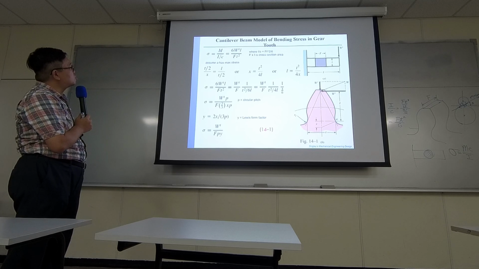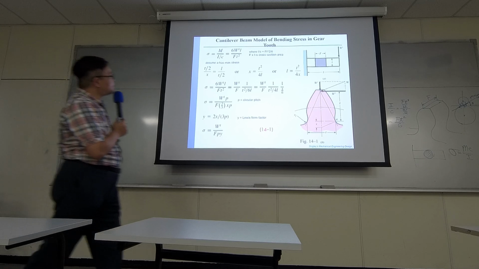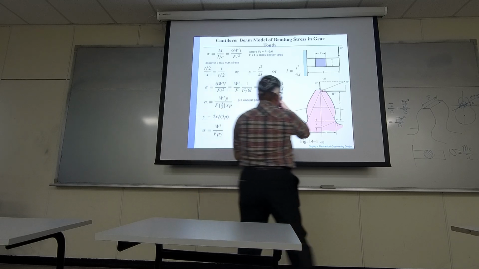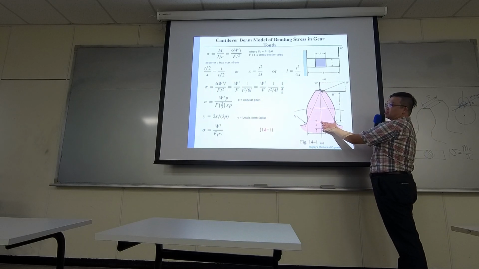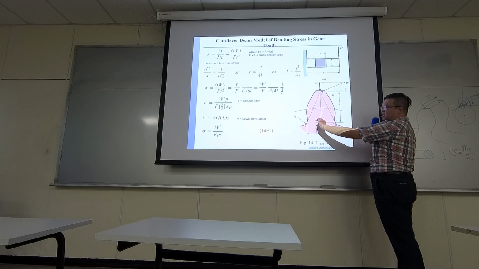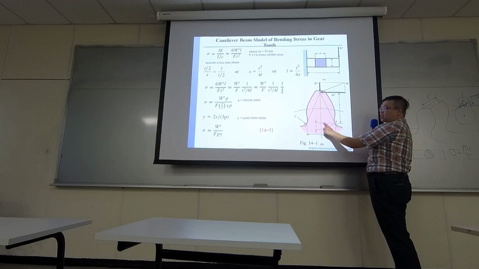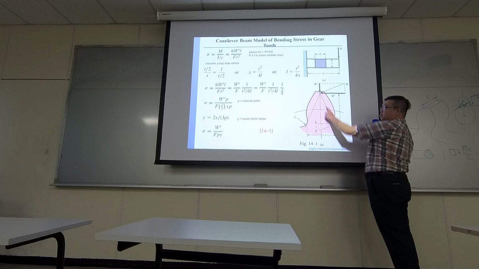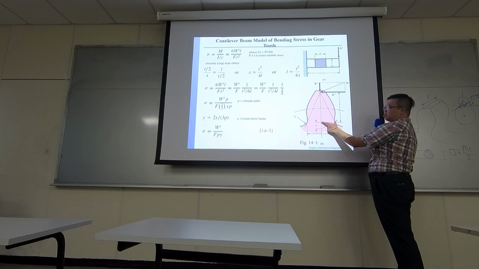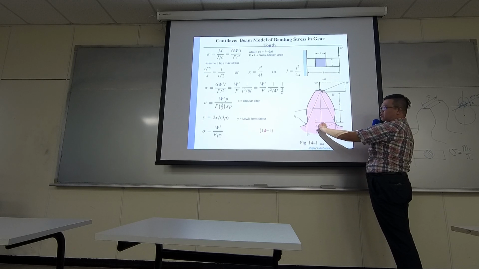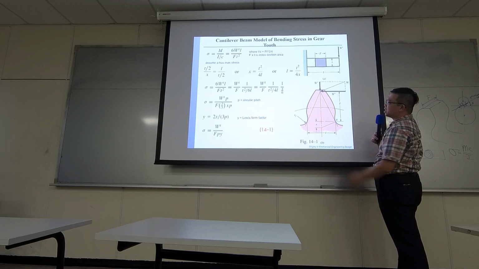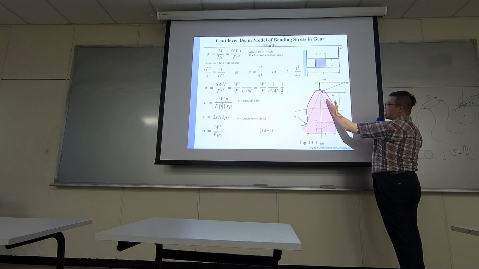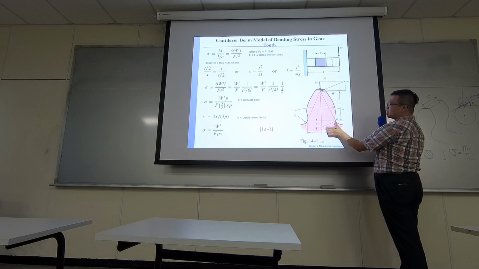T over 2. So this is basically by the geometry. T over 2 is like here, 1/2 over x. This geometry is similar to this one. So this edge over this edge will be similar to this longer edge to the width right here.